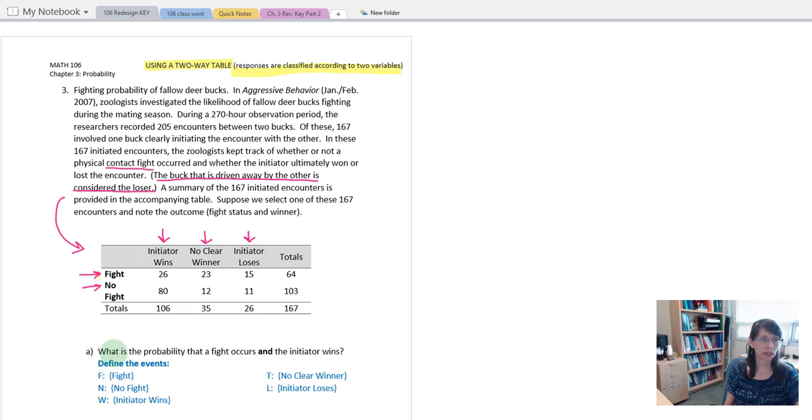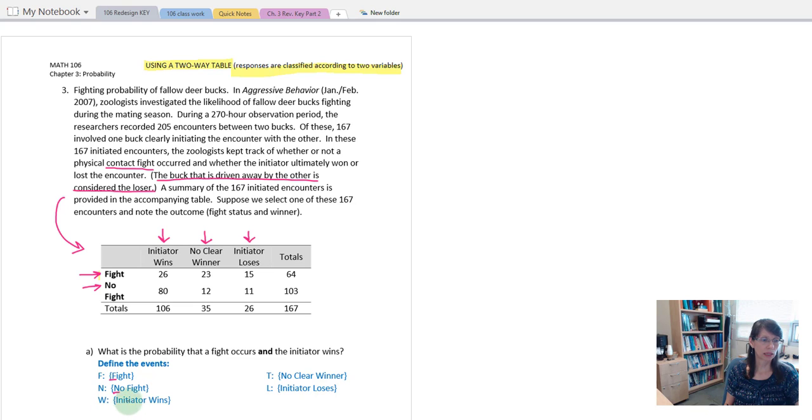So part A is asking, what is the probability that a fight occurs and the initiator wins? Well, to determine this, I'm listing what the events are. So where I've put arrows above, I've written out using the notation for event. So I'm calling event F fight. I'm calling event N no fight.